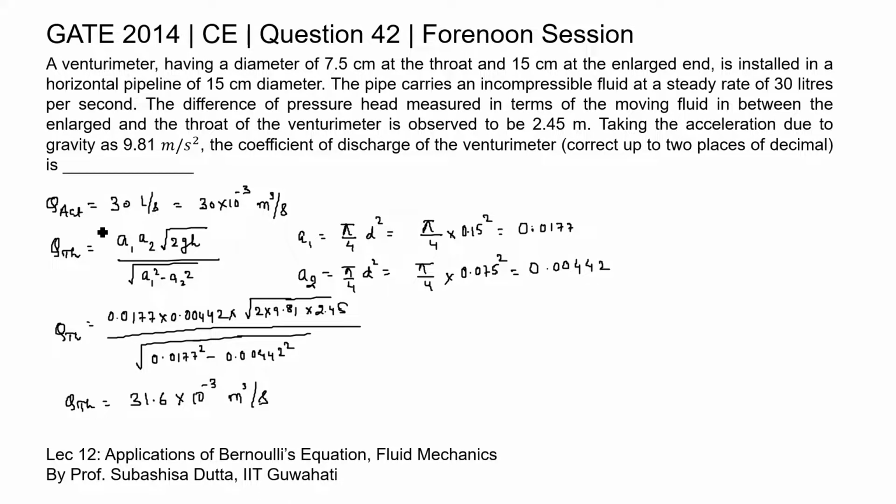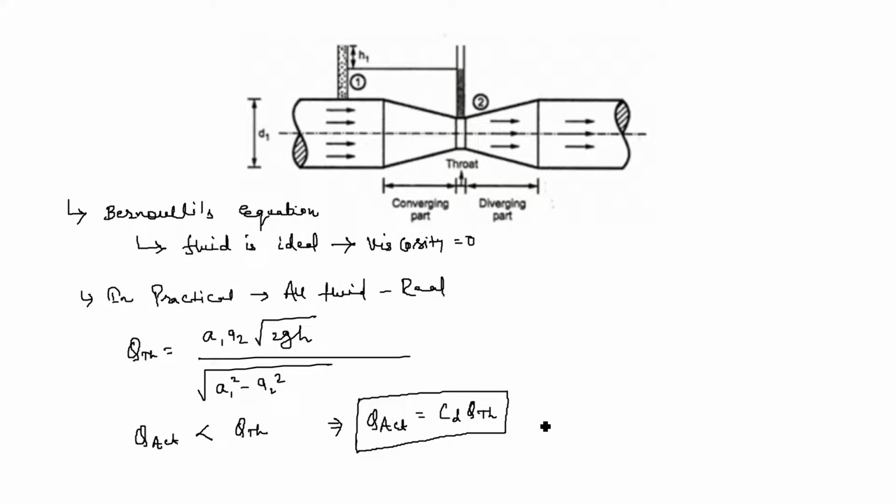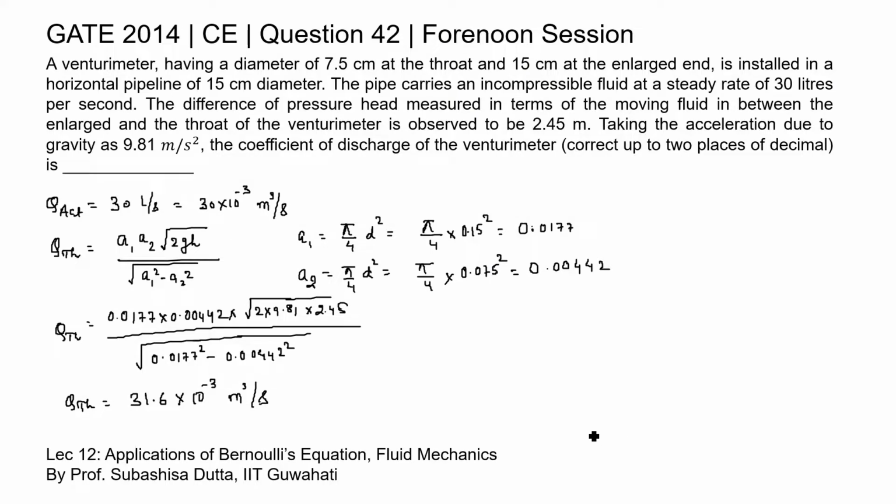So now we have the actual discharge value and the value of theoretical discharge. From this formula we can write the coefficient of discharge equal to Q actual by Q theoretical. So here CD will be Q actual by Q theoretical. Q actual is 30 into 10 to the power minus 3, and theoretical discharge we have just calculated as 31.6 into 10 to the power minus 3.